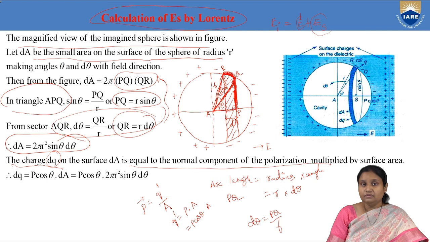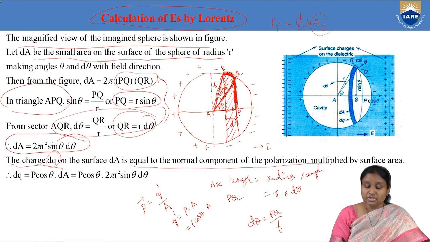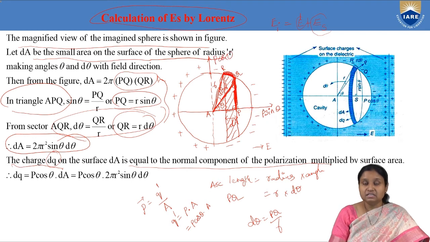Now see, generally when we talk about charges in terms of the angles, polarization related to these charges has two components. One component is the horizontal component, which is given as P sin theta. Another one is the normal component, which is given as P cos theta. But as you can see here, this horizontal component will cancel. Why?